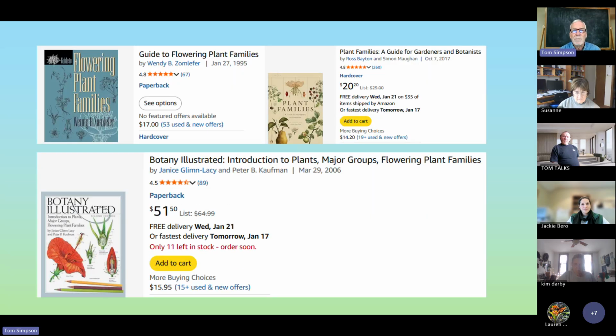Lots of printed things. These are just some things from Amazon. All these books are good. I've looked through them, I've used them in the past, and the only qualification I would tell you is that the higher level classification is undergoing a lot of changes today due to molecular biology, and it's now become a really important tool in plant ecology, and it wasn't 30 years ago.